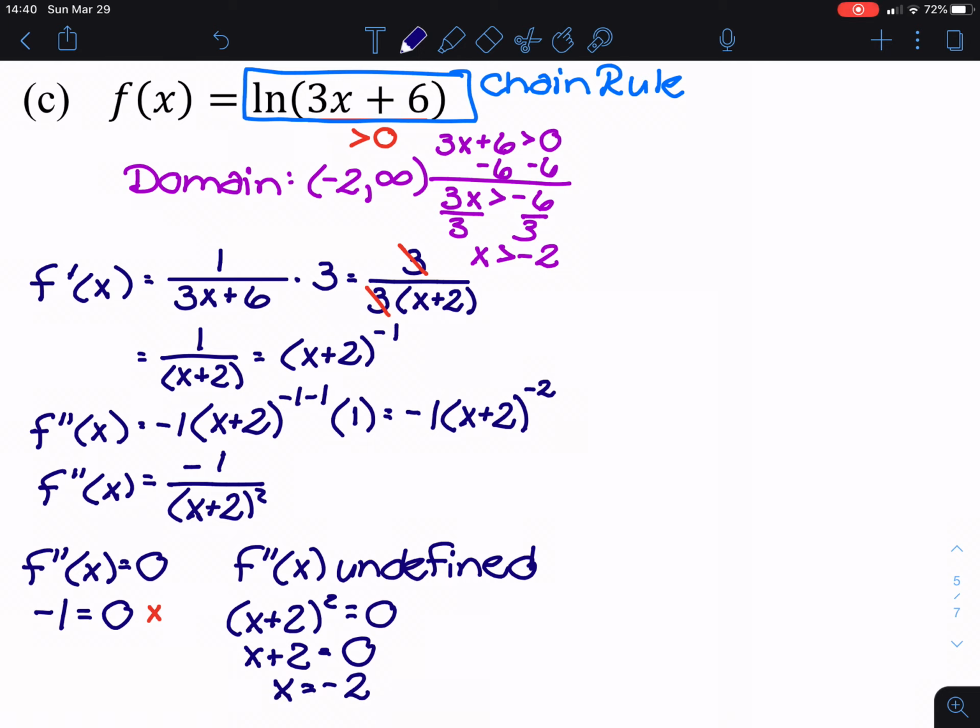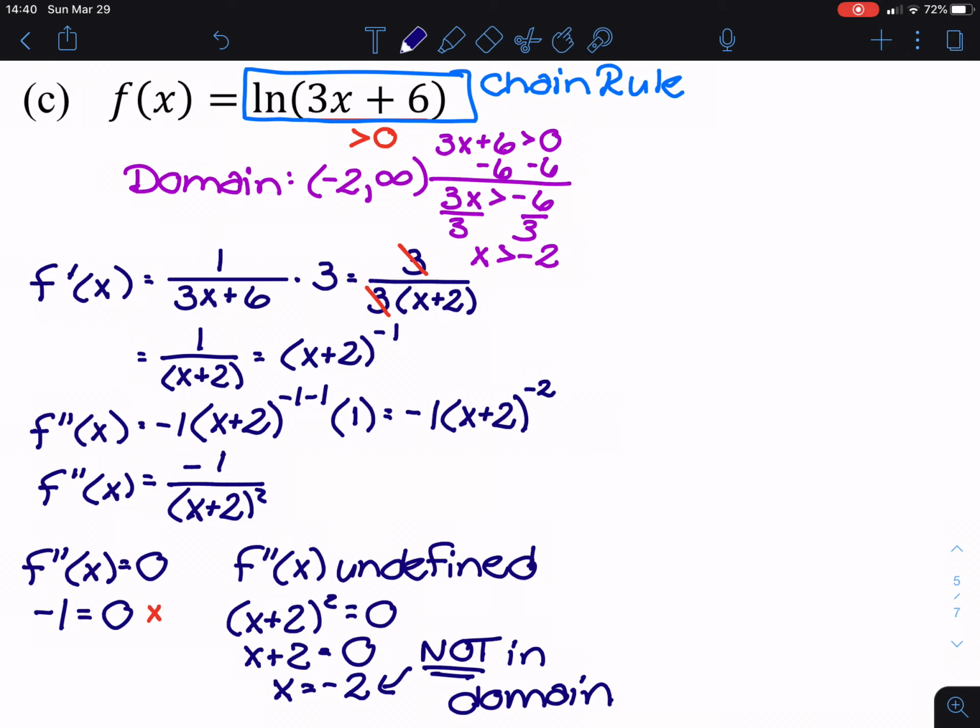Now then, look at this. This is why we calculated our domain up there at the beginning. My domain starts at -2, but -2 is not part of my domain. So therefore, this x equal to -2 is not in the domain, right?